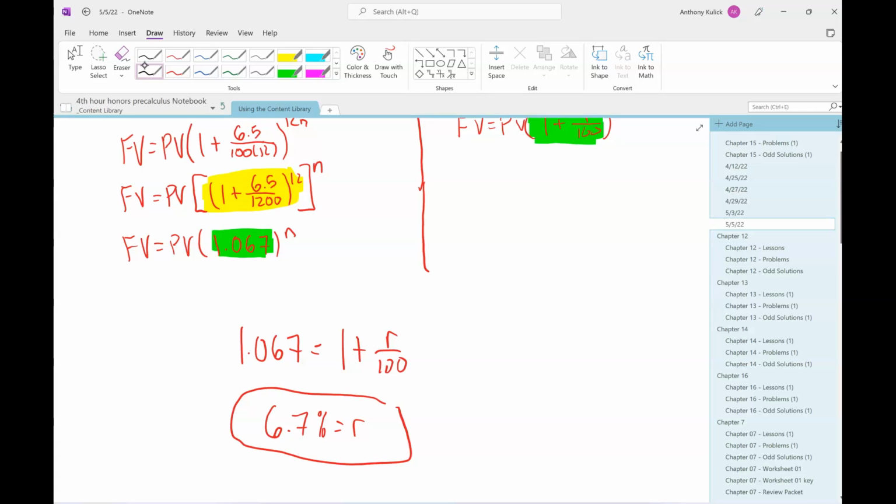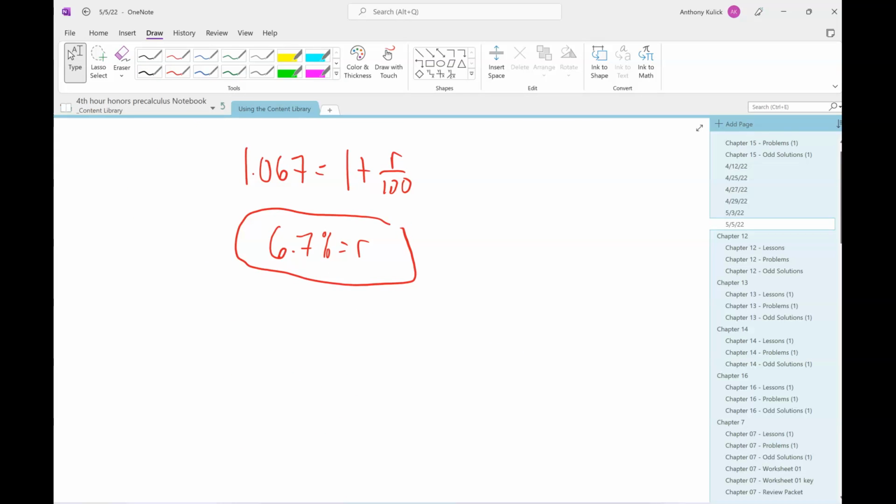Like if I have this thing at this percent compounded this way versus this thing at some other percent compounded a different way, how do I know which one is better? I convert them both into an annual interest rate, and then I can compare whichever one is bigger.